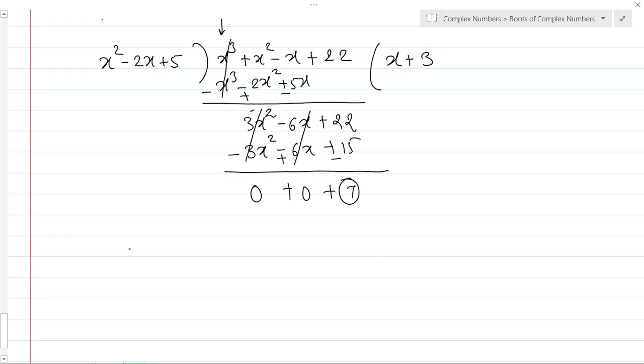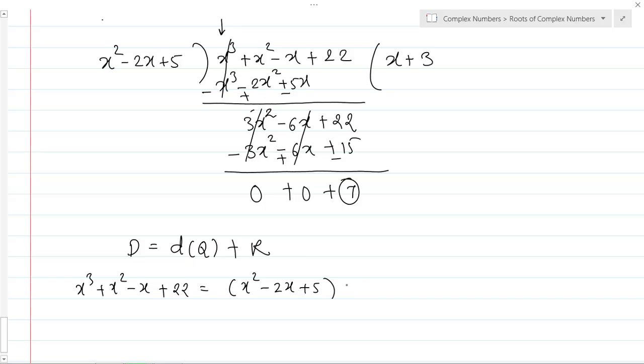So dividend is equal to divisor into quotient plus remainder. The dividend is x cube plus x square minus x plus 22, equal to the divisor, x square minus 2x plus 5, into the quotient, x plus 3, plus the remainder, 7.